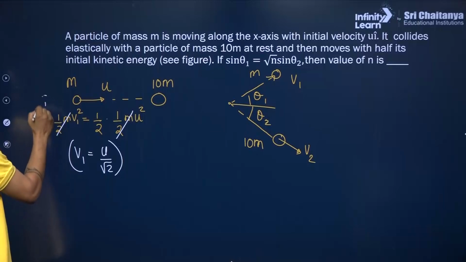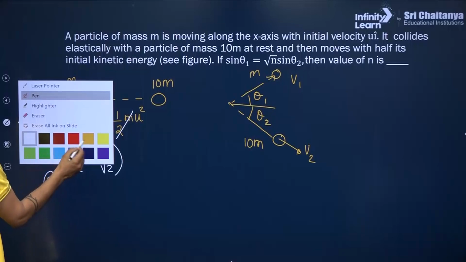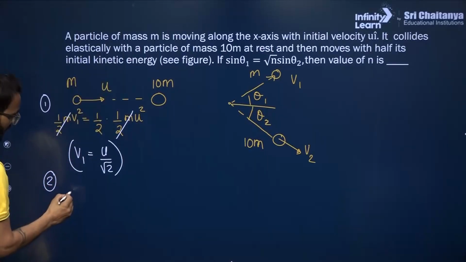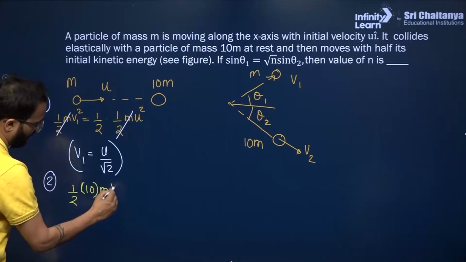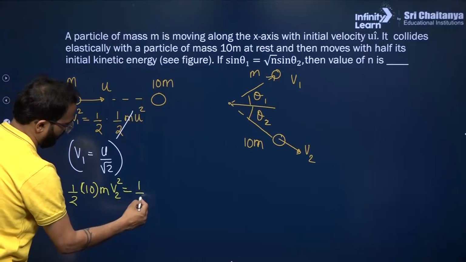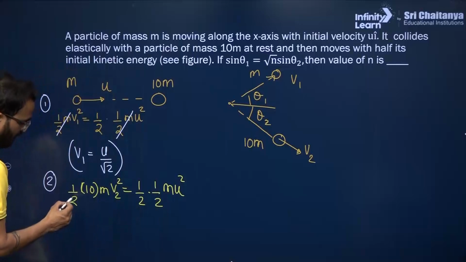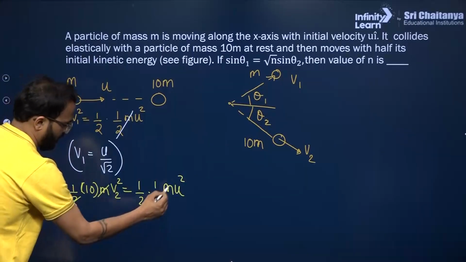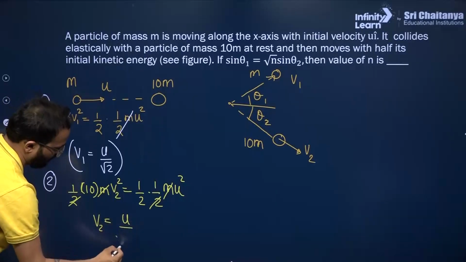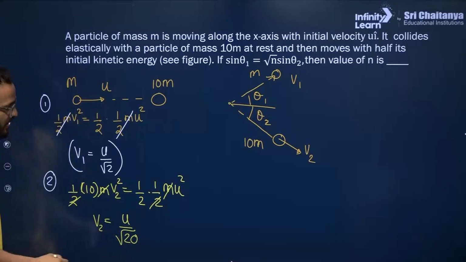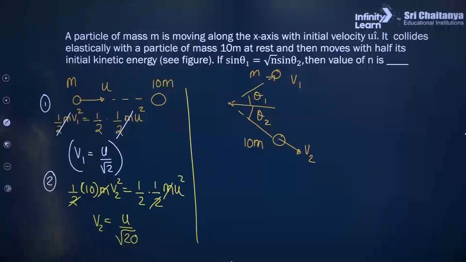Okay, step number 1. Now step number 2, again we will say that half into 10m into v2 square is also half of half m u square, right? So half m gets cancelled, so v2 will be u by root 20, right? This is equation number 2. So I guess v1 and v2 are known to us now, right?